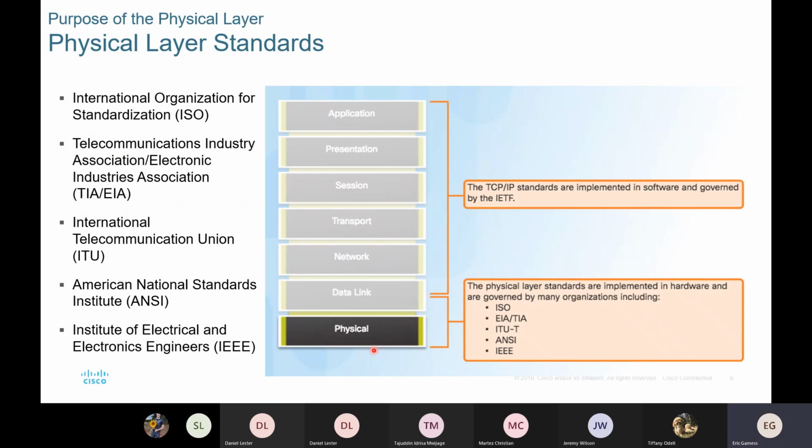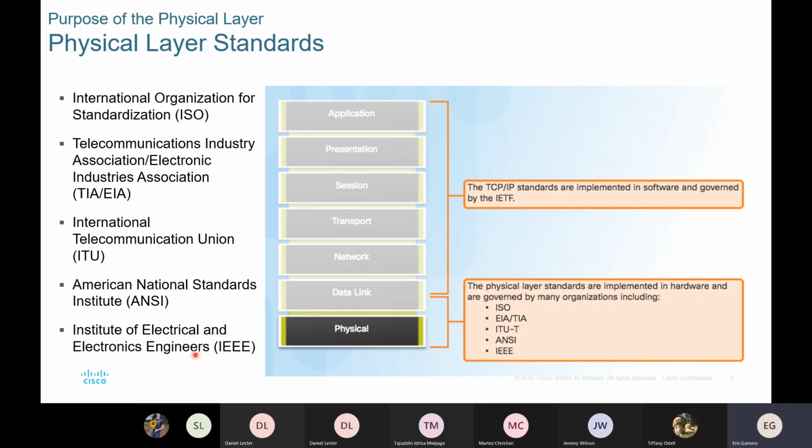As we said in the last class, we have a lot of international organizations that propose standards for the physical layer, and some names are here. For example, the Telecommunications Industry Association has standards like 568A and 568B. The International Telecommunication Union has other standards.